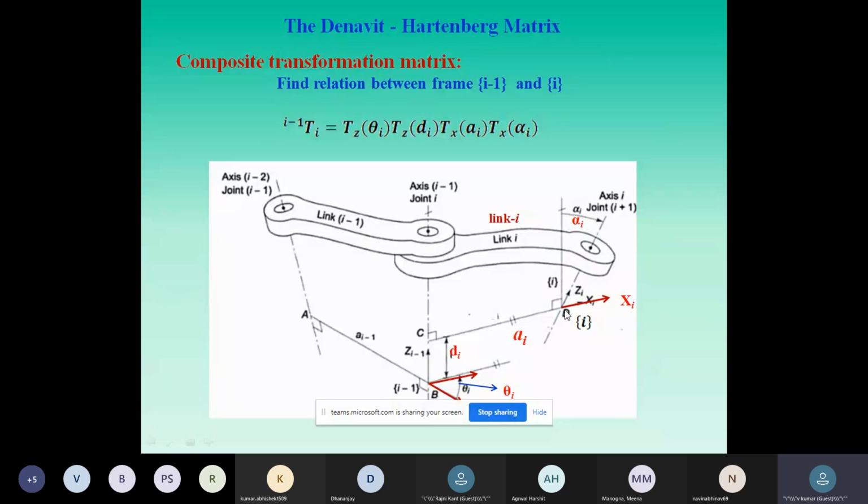Alpha i is defined in the i frame. First you rotate by alpha i about xi so that the zi axis becomes parallel to zi minus 1. You have to rotate alpha i about the x axis. This rotation is called the rotation transformation matrix, rotation through alpha i about x.